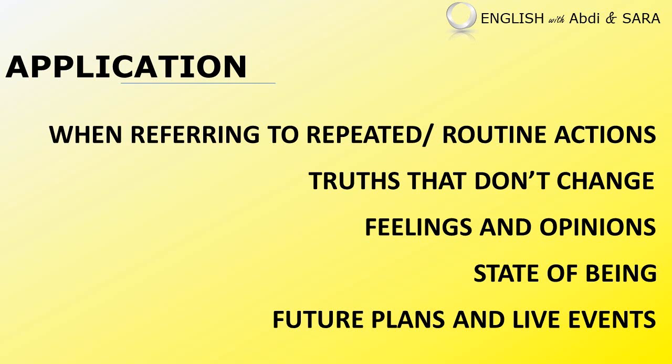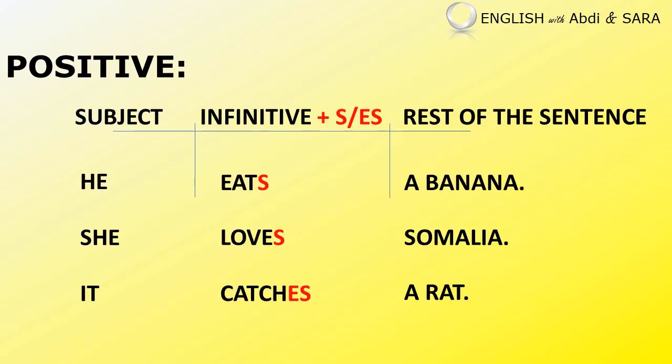Also, when we are reporting live actions or live events like football or sports, we can use simple present tense. Equally, when we are planning future actions. We will look at this in details later in this video. In simple present tense, we can make positive sentences, negative sentences, as well as question sentences.